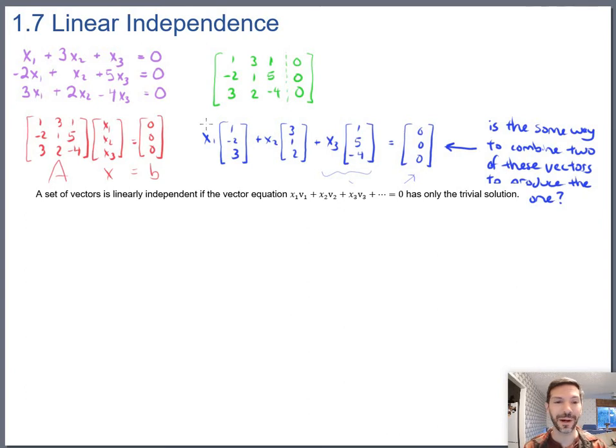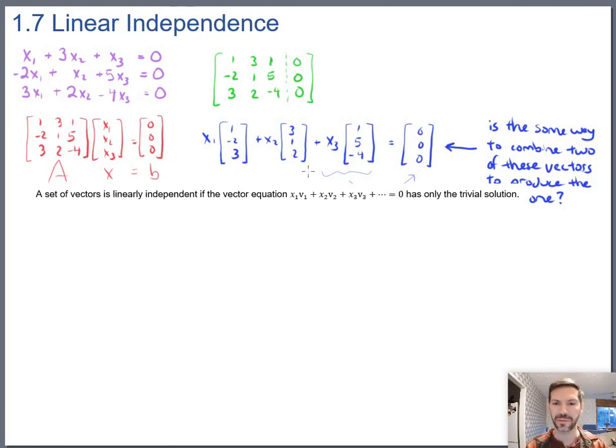So keep in mind a homogeneous system always has the trivial solution, and definitely looking at any of these forms, if you put in 0 for x1 and 0 for x2 and 0 for x3, that will solve the equation. But that does not mean that you can somehow combine the first two vectors to get the third vector. So that's the trivial solution. If there's any other solution besides that, then we have linear dependence. If 0, 0, 0 is the only way to do it, then we have linear independence.